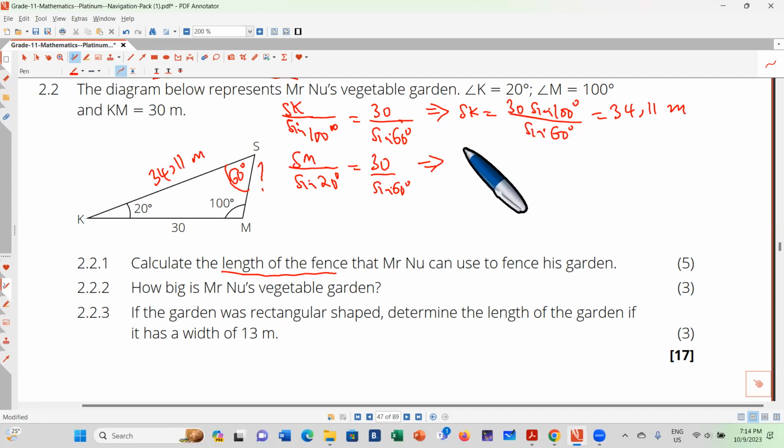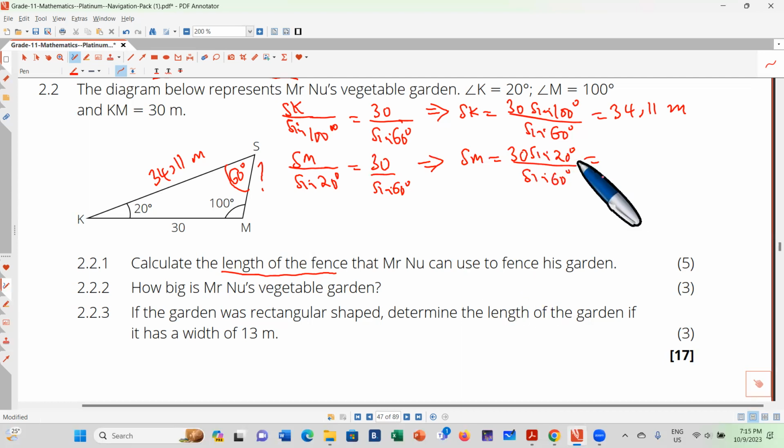Cross multiplying means SM is 30 sine 20 over sine 60. What is the answer to this?